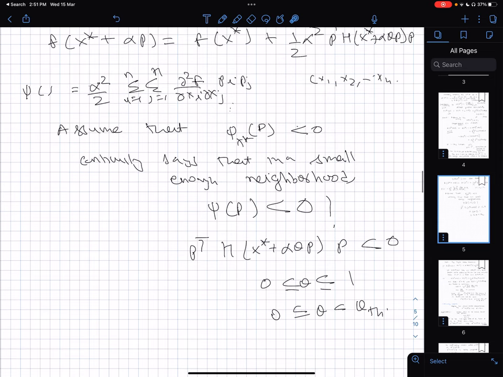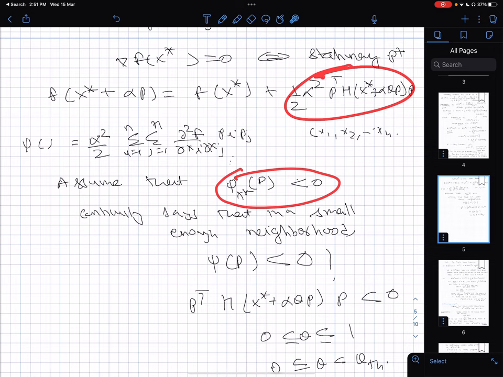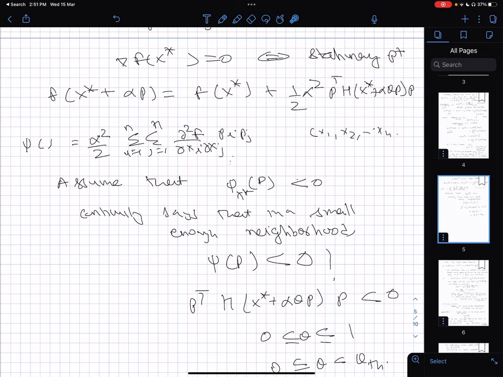So therefore, what went wrong? What did we assume incorrectly? Our assumption is incorrect, right? That's why we are getting a contradiction. So what did we assume? We assumed that for some p, p transpose H(x star) p can be less than 0, which is an incorrect assumption.